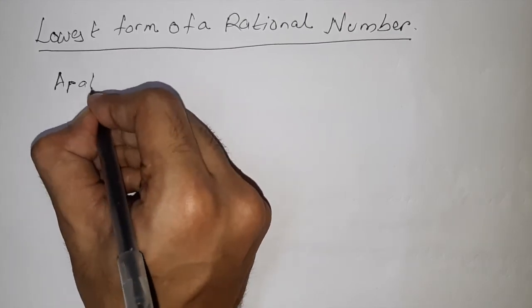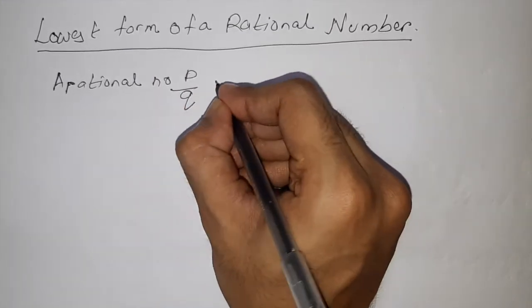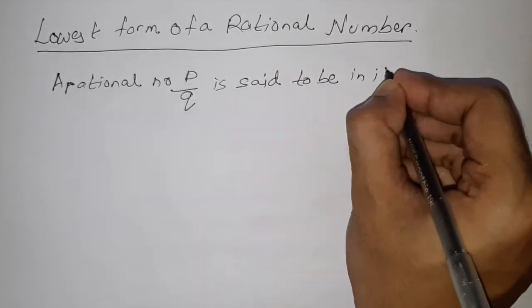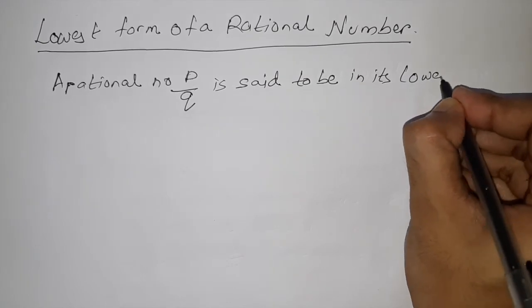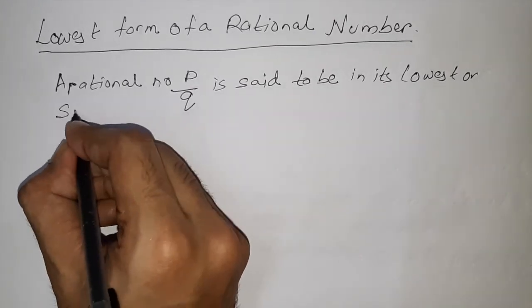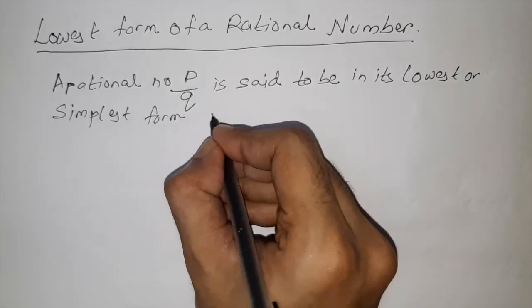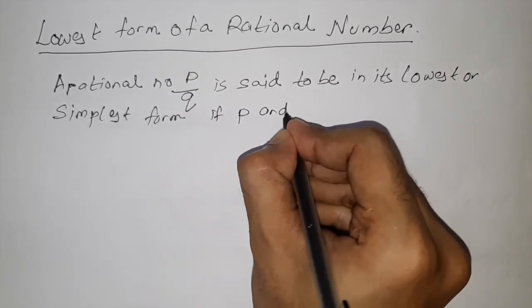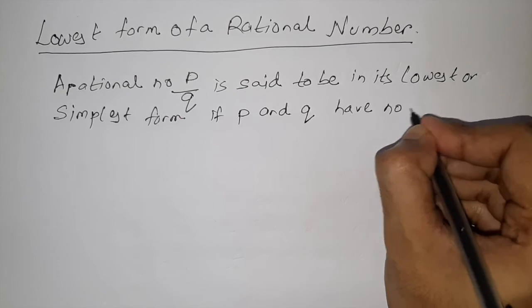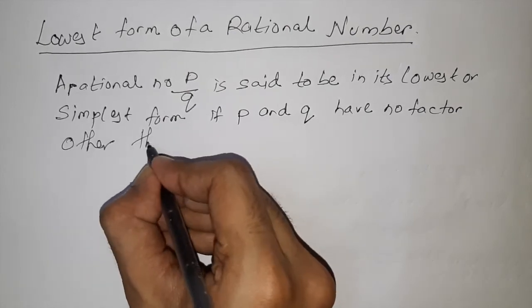A rational number P by Q is said to be in its lowest or simplest form if P and Q both have no factor other than 1.